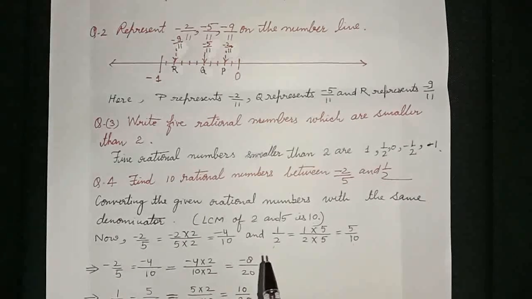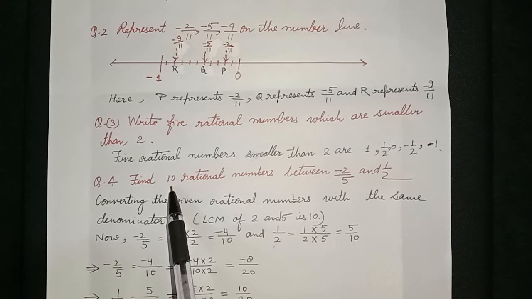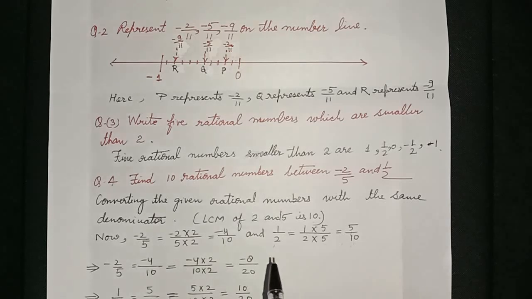But according to the question, you want to write 10 rational numbers. But between -4 upon 10 and 5 upon 10, only 8 rational numbers are coming. Now, problem comes that how you will write 10 rational numbers.